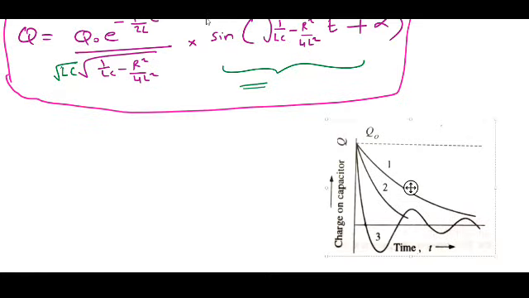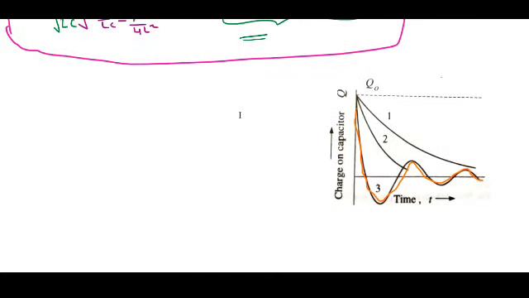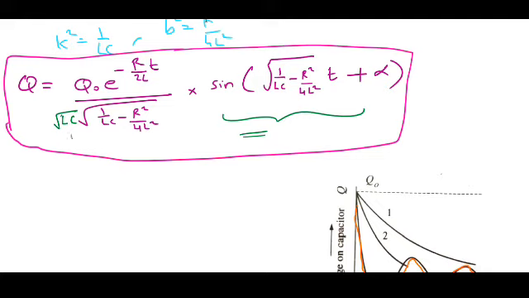Look at this figure, that is a sinusoidal function, that is, the charge decreases to 0 and then starts to oscillate, going below and above 0, and again finally reaches 0. Therefore this can be interpreted as a damped oscillatory charge.